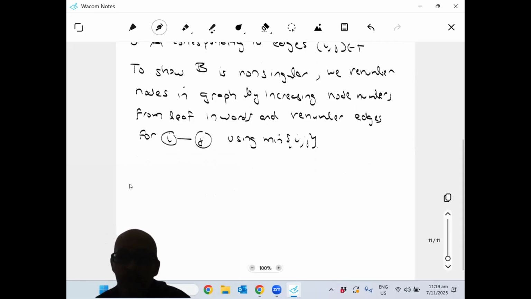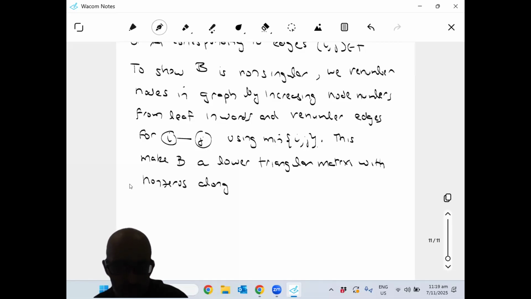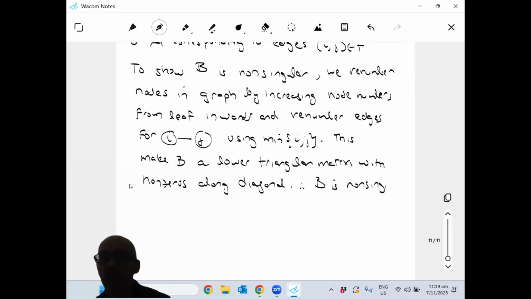Essentially, this makes B a lower triangular matrix with non-zeros along the diagonal. And therefore, B is non-singular, because the determinant of this thing has non-zero entries along the diagonal and it's lower triangular. So if you calculate the determinant of this, it will be non-zero.